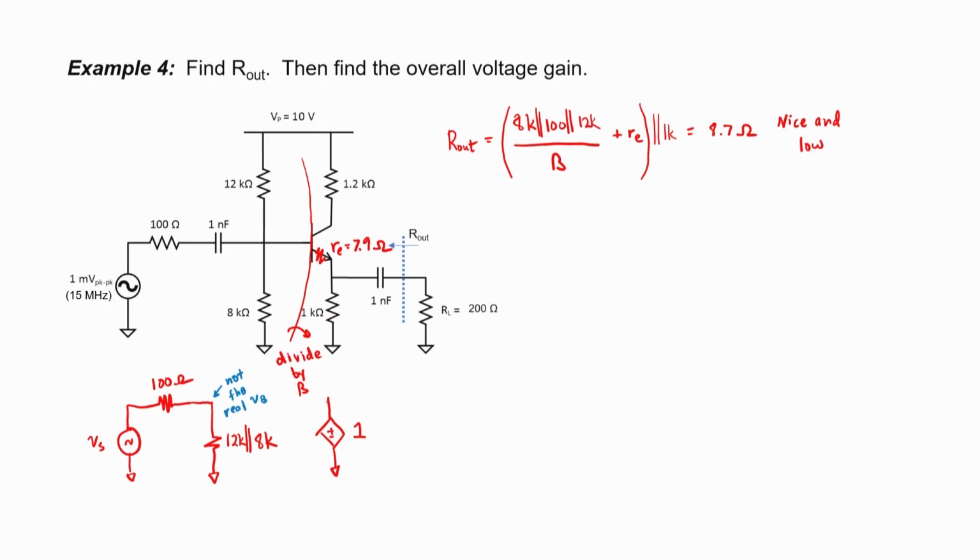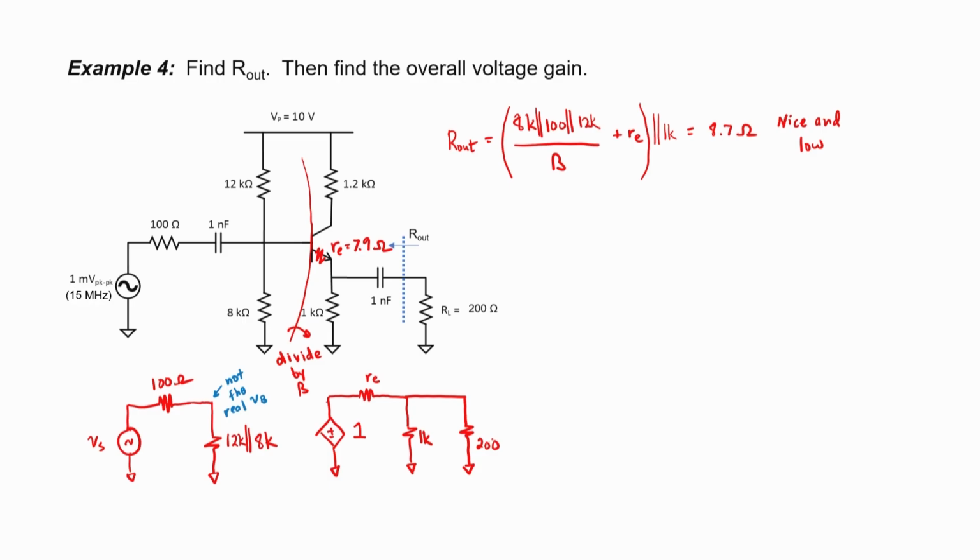Now for my voltage divider, I have normally my emitter resistance, my 1 kilo ohm emitter resistance. For my output section, I have my emitter resistance little r sub e, the large resistor 1 kilo ohm, and then my load of 200 ohms.